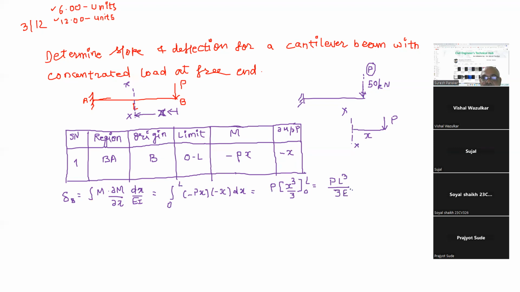Is it correct? Check the calculations and write it fast. PL cube upon 3 EI. Clear?